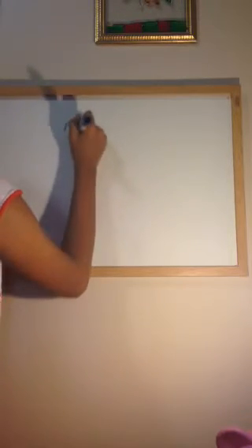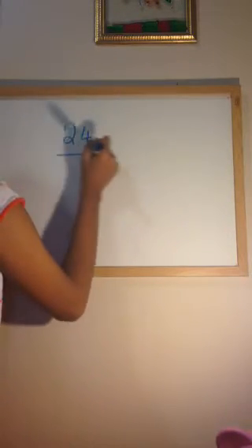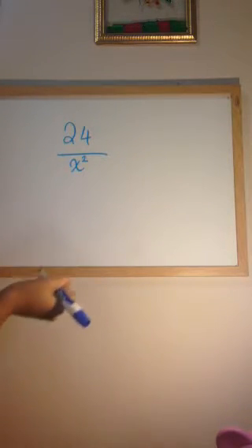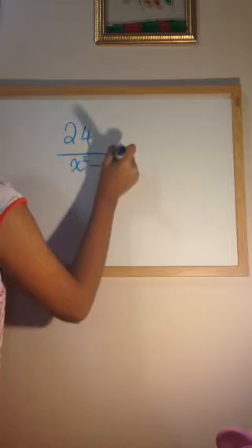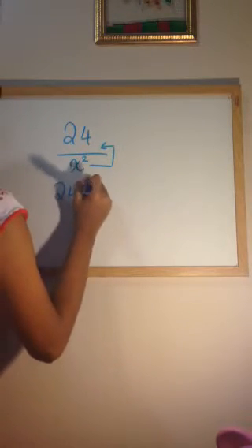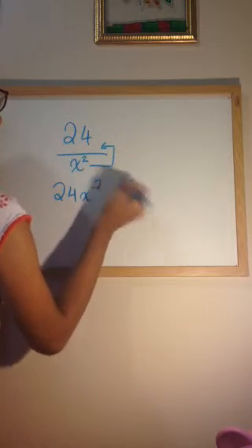My second example is 24 over x squared. Again, same thing, bring the exponent to the numerator. So 24 times x to the negative second.